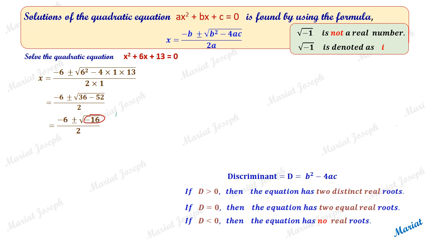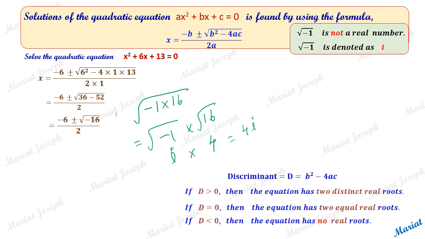So what we do is, we will write this minus 16 as root of (−1 × 16), which is equal to root of −1 into root of 16. Root of 16 is 4 and root of −1 is i. So we write it as 4i.